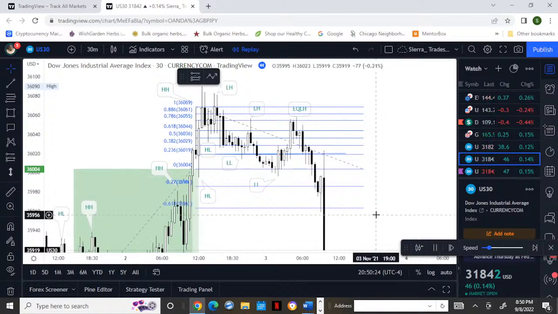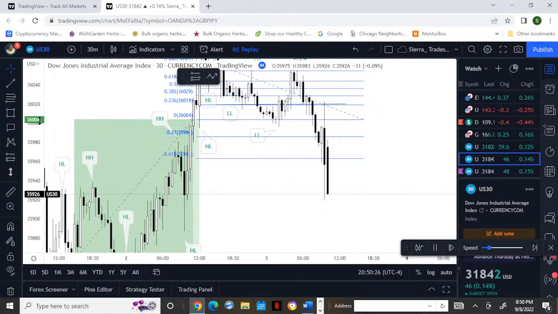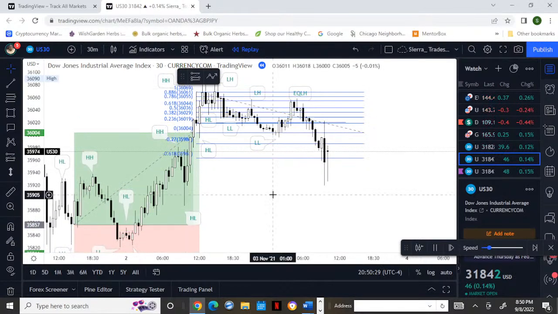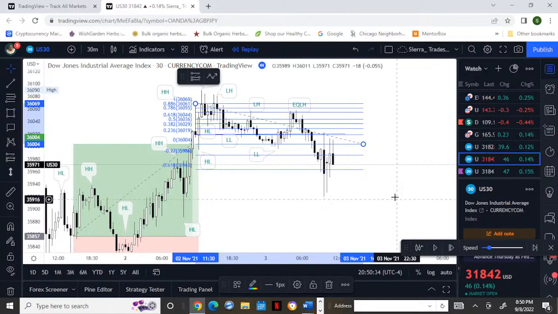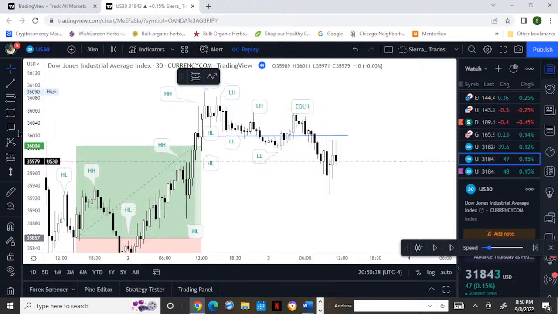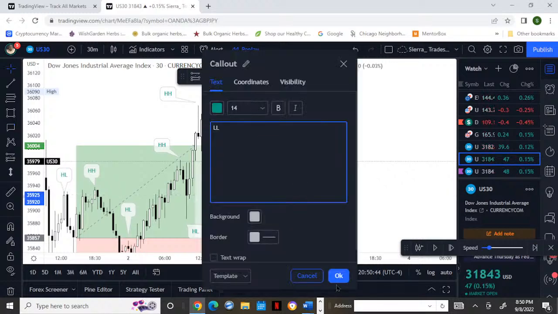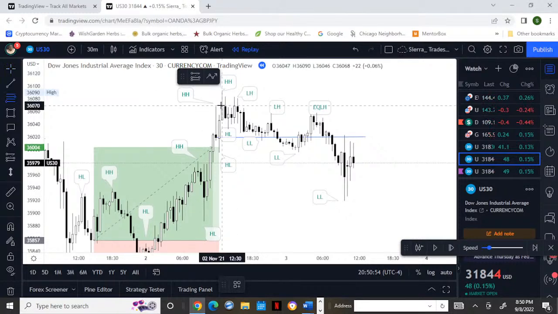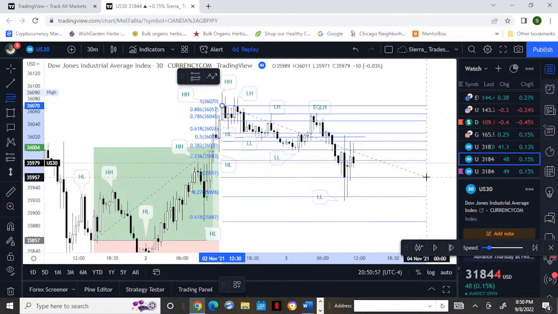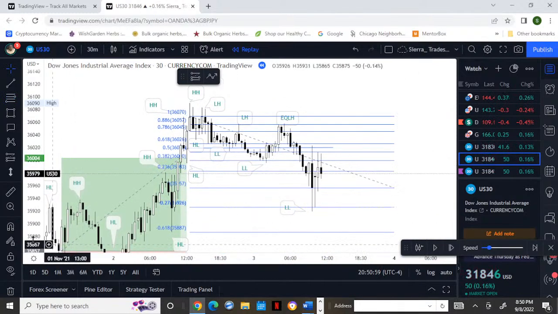All right, and now who? All right, so it looks like pause. We got our lower low here. And it looks like we can draw our fib here, right?